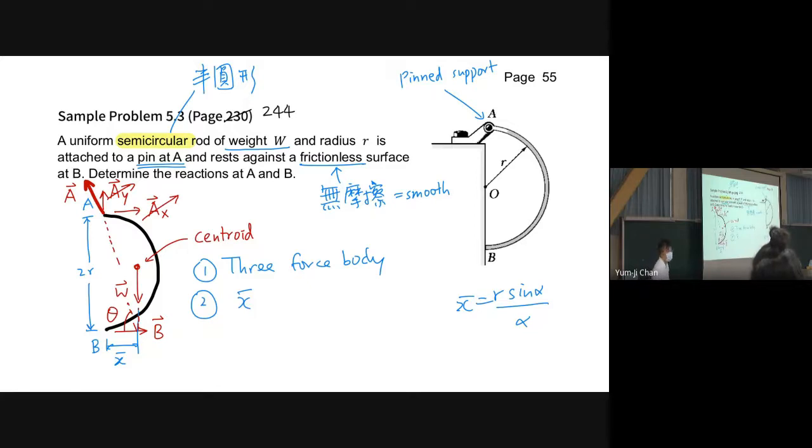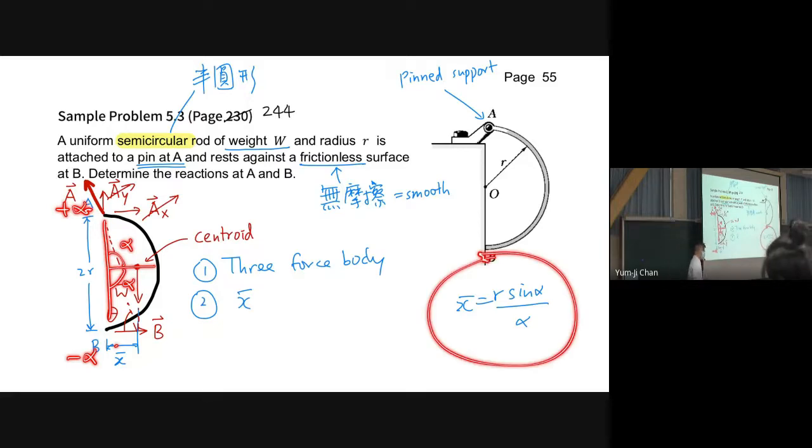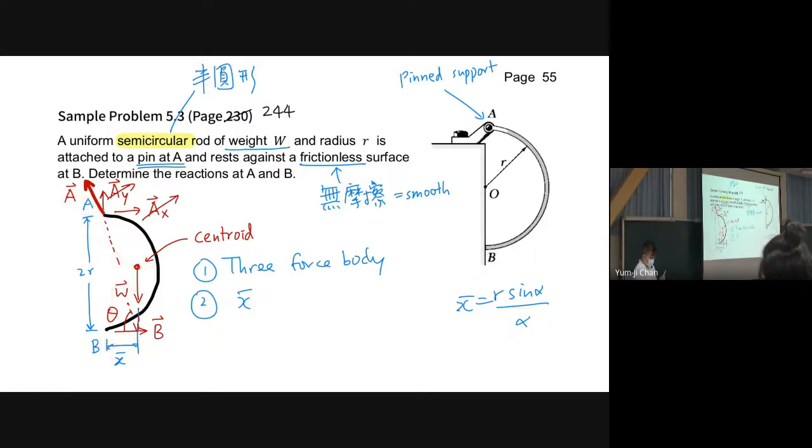What is alpha? Remember that alpha is half of the arc angle. It goes from minus alpha to plus alpha. For this equation to work, we need to remember that it is minus alpha to plus alpha, and alpha is in radians.